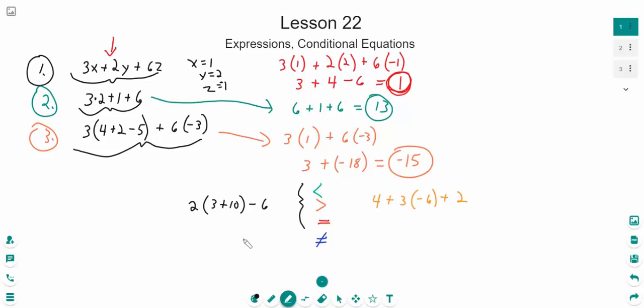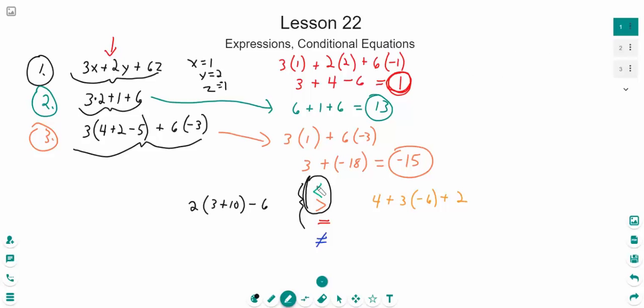So real quickly, looking at these three options, we kind of divide them up into two different groups. If we're concerned with these two, if in fact one of these two is true, either this side is greater than this side or it's less than this side, we would call those expressions inequalities.